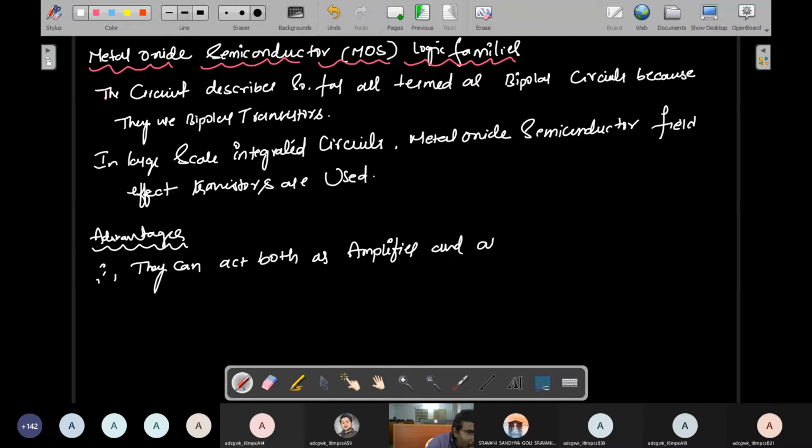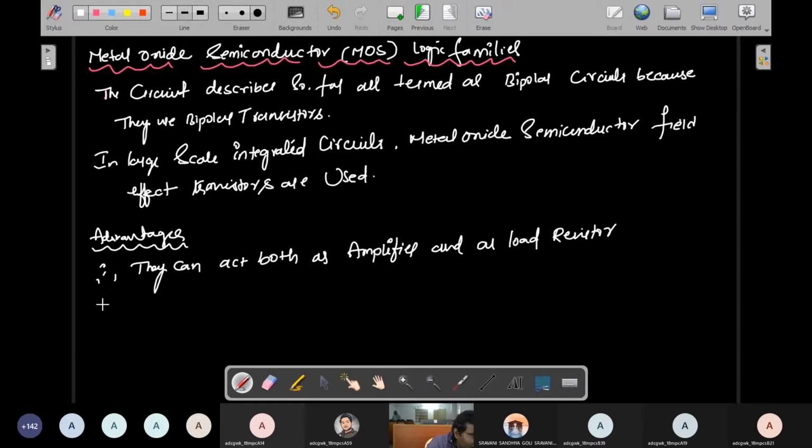Bipolar transistors are only amplifiers, but these act as amplifier as well as load resistors. Metal oxide semiconductors are used as load transistors, eliminating the need for ordinary load resistors.